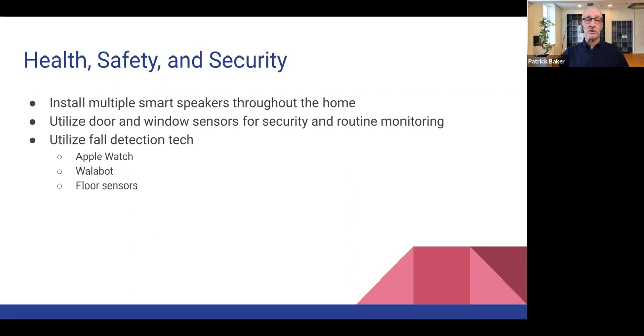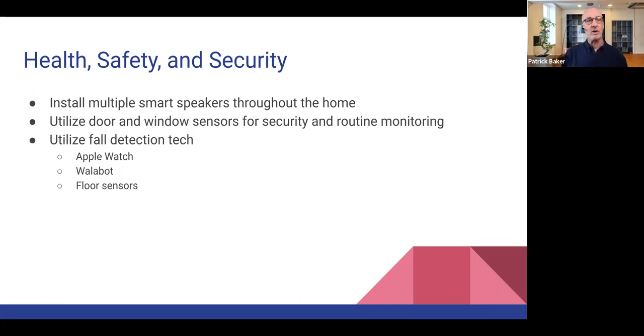So if your older person is relying on the presence of a smart speaker, for example, to get some emergency assistance, you can have multiple ones of those deployed throughout the home so that they have the ability to call out for help regardless of where they are in the home.